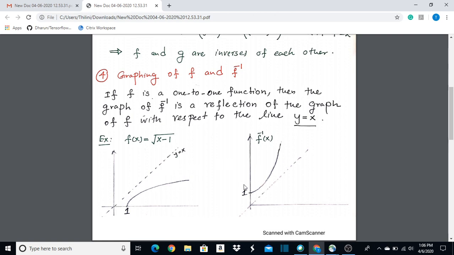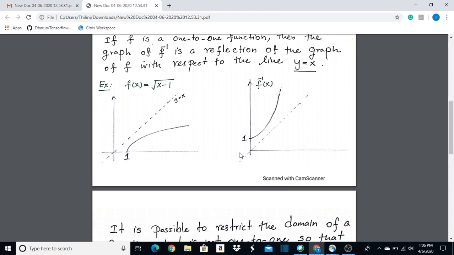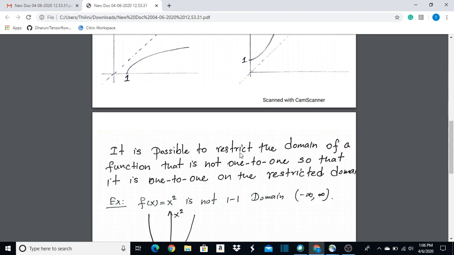You can see how it's being reflected. It was somewhere here, and after reflection it is like this. So this is the inverse function. You can find this f inverse of x function explicitly by the switch and solve method we discussed before. That's the key to drawing the graphs of inverses.